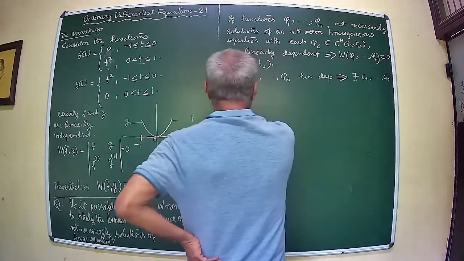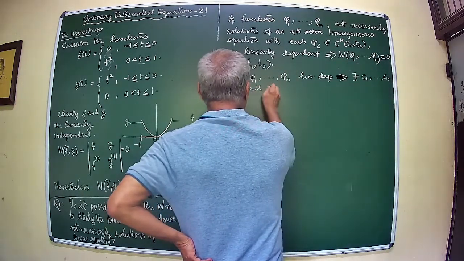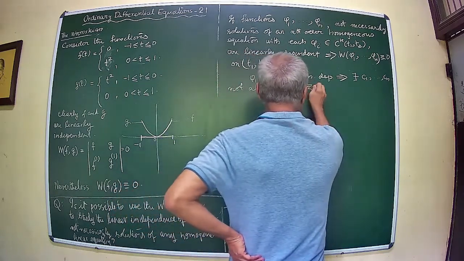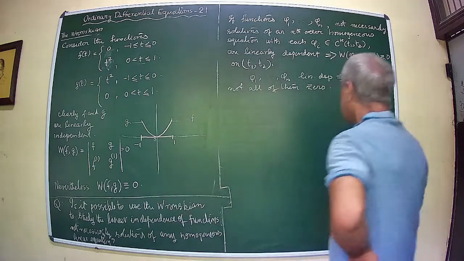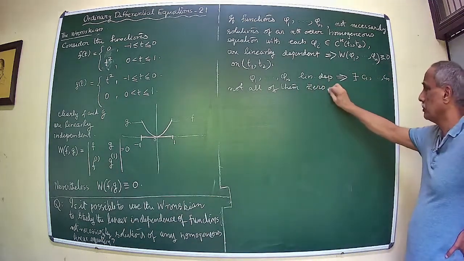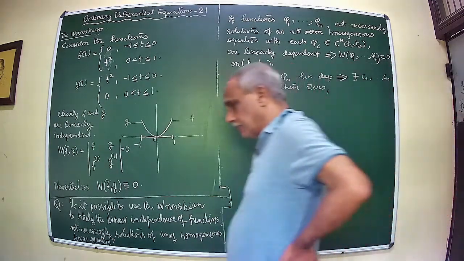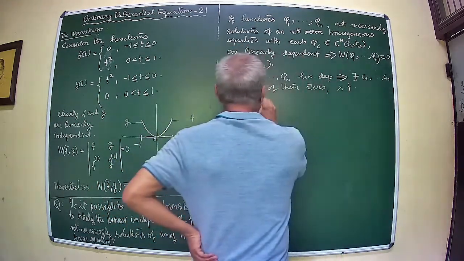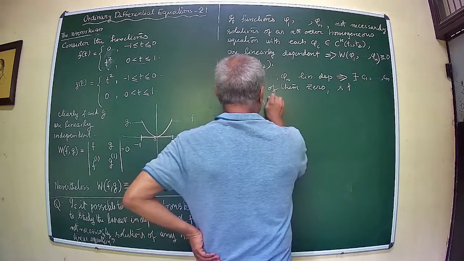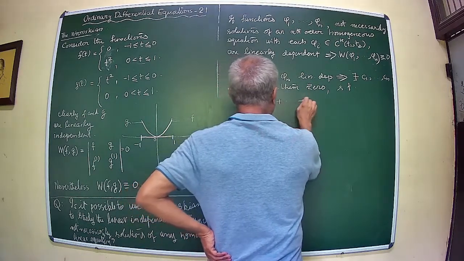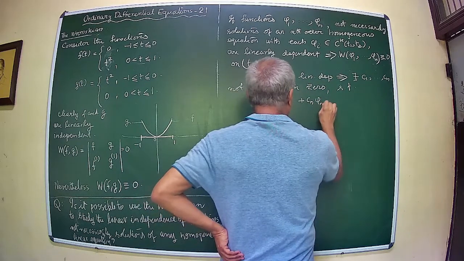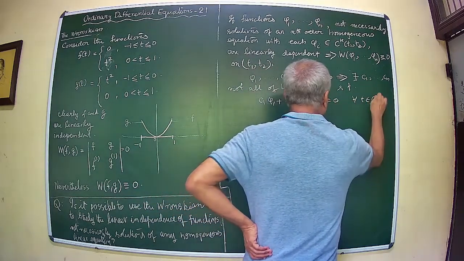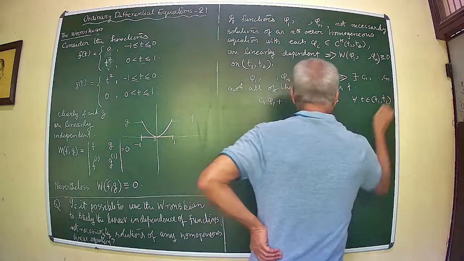Not all of them zero. That is, some of them maybe are different from 0, such that now you differentiate it.